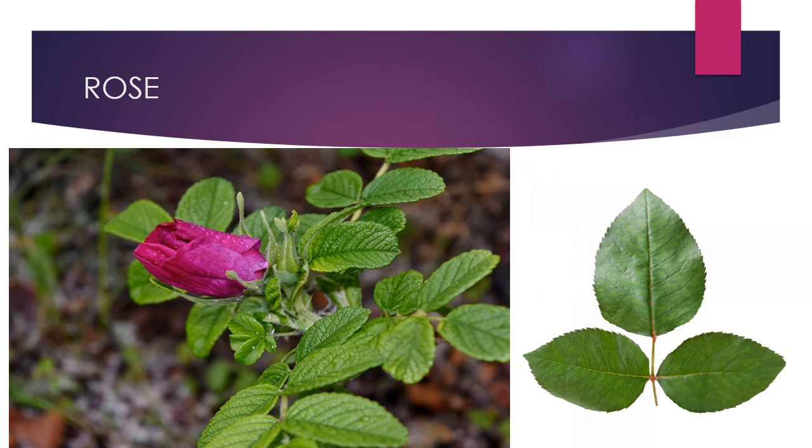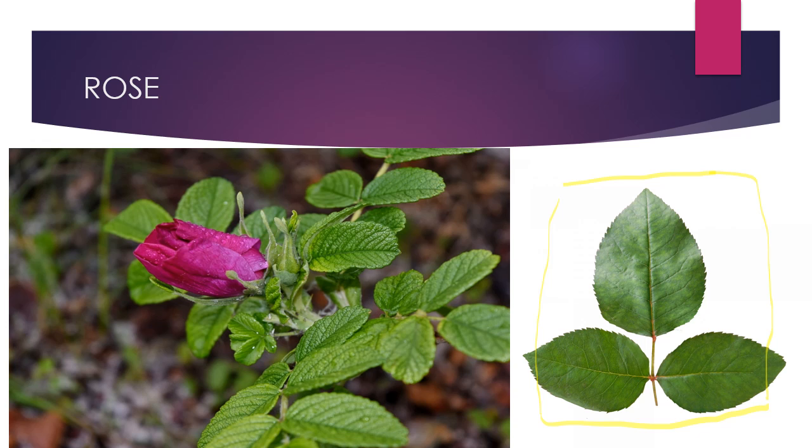The next leaf shown to us is of rose. This you can easily identify. A rose is a woody perennial flowering plant of the genus Rosa in the family Rosaceae, or a flower it bears.